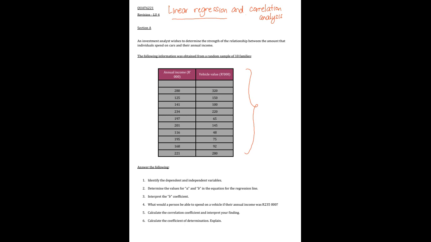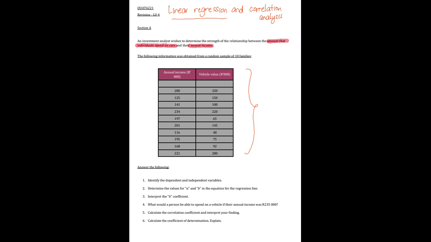So section A here says that an investment analyst wishes to determine the strength of the relationship between the amount that individuals spend on cars. So that's the first variable, the amount that individuals spend on cars, and their annual income. So those are the two variables that we are looking at here.